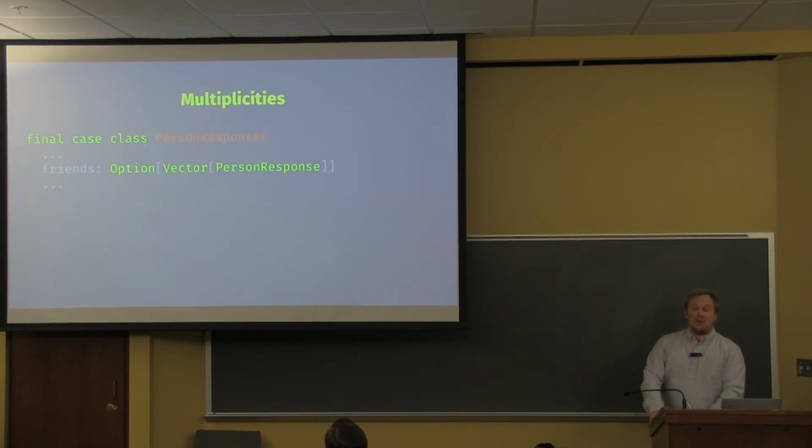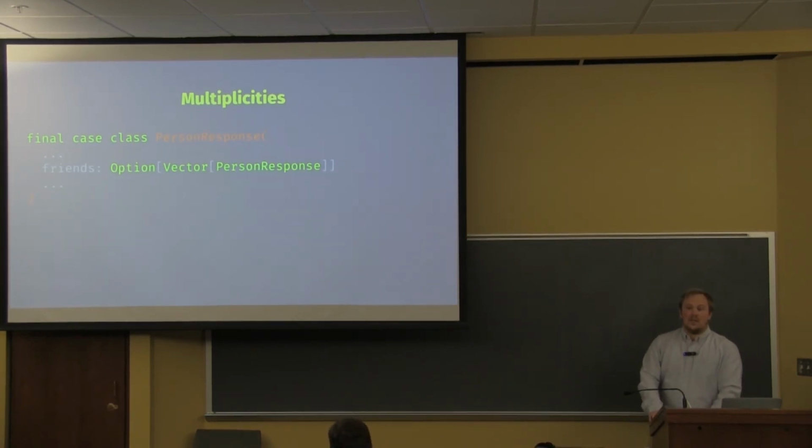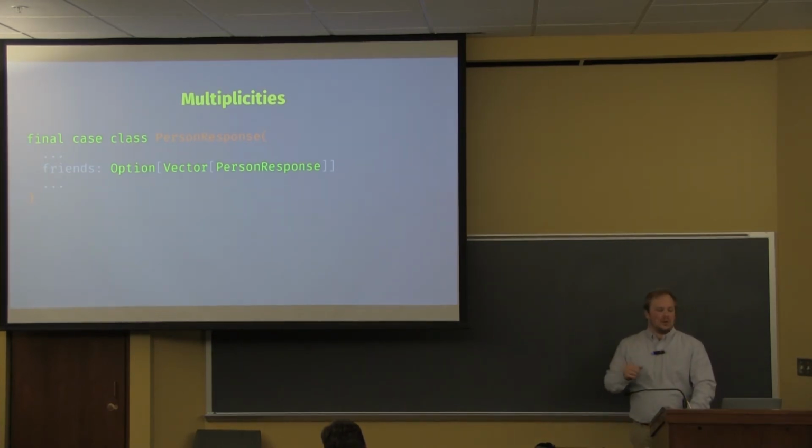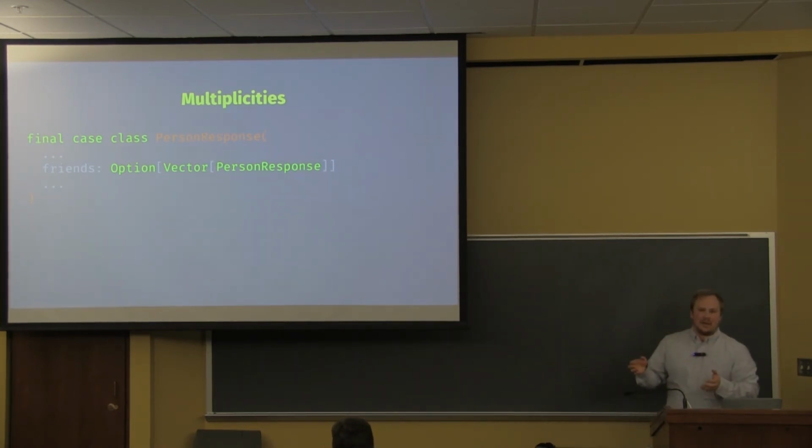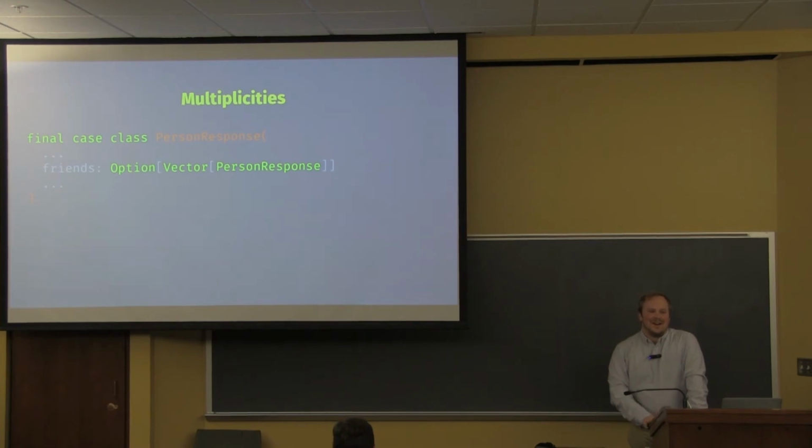Another thing that's really important is multiplicities. If you're returning an atomic value, like their name, you could just return a name. But in this case, we can look at extending the person response to get the list of their friends, which, I was reading a bunch of Facebook stuff since I'm talking about giving people's friend lists.